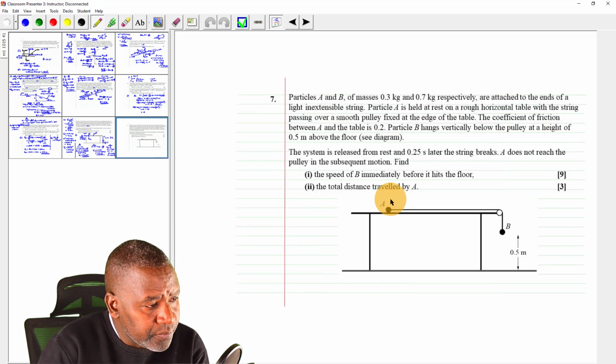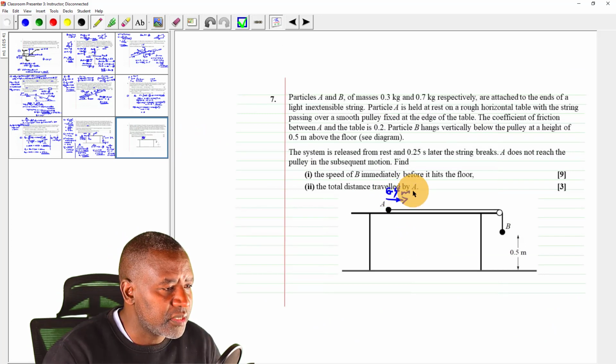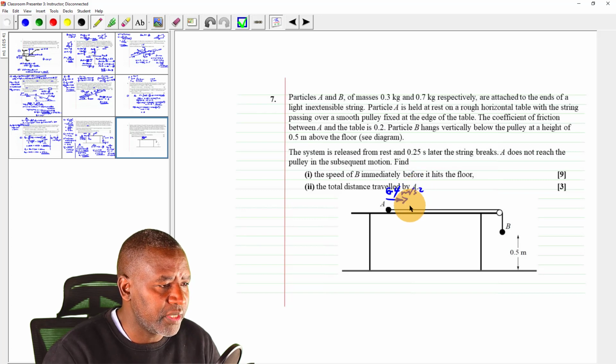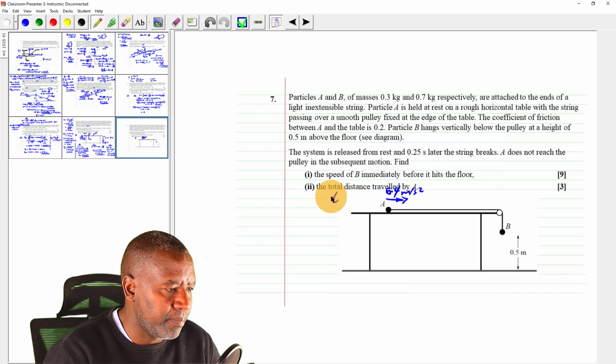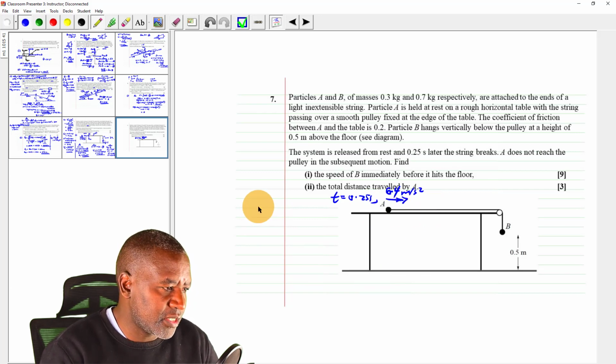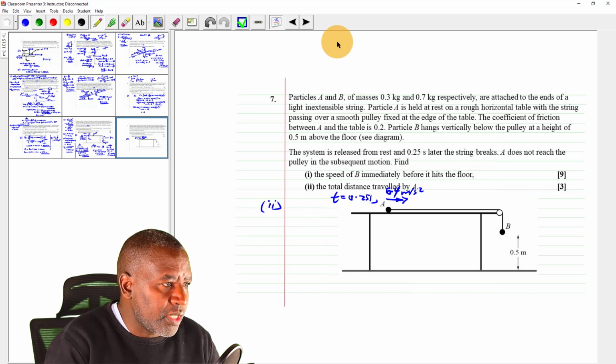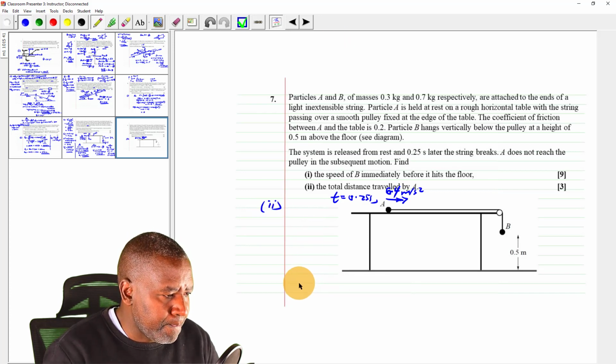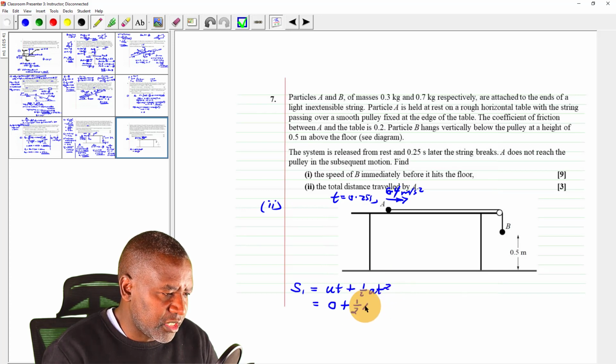So let us say when it has this acceleration, 6.4 meters per second squared, and the time is 0.25 seconds, we can work out the displacement that it covers by using S1 equals ut plus a half at squared, because it started from rest.